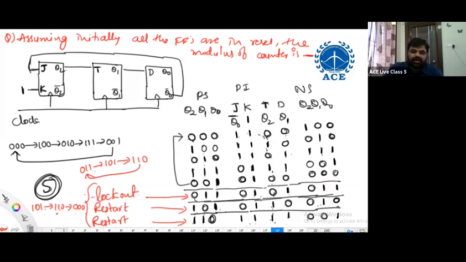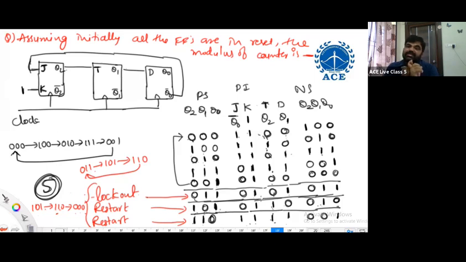What do we call the counter? Very good question, Abhijit. Immediately I expected this question. If 0, 0, 0 itself is unused, then power on set, or simply we can say power on initialization.